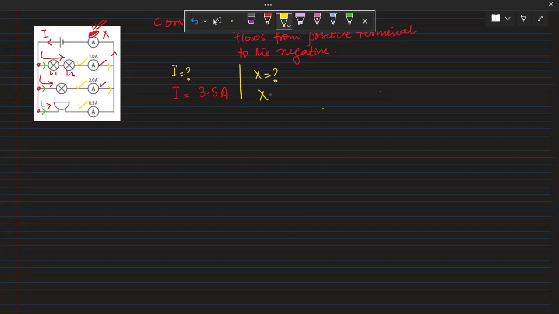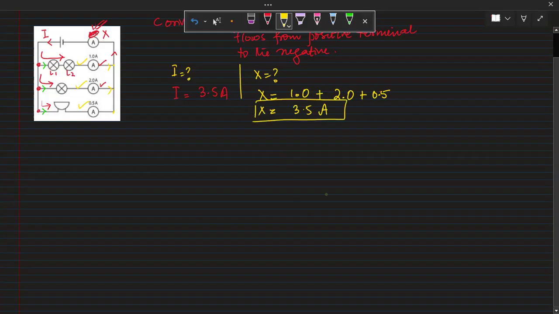So X is the total current, which is equal to 1.0 ampere plus 2.0 ampere plus 0.5 ampere, so that's going to be 3.5. So this is how the total current divides in the parallel circuit. I hope this concept is now clear, how to find out the total current when it divides.